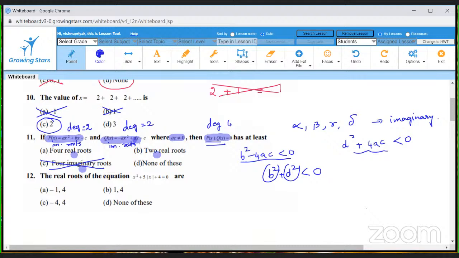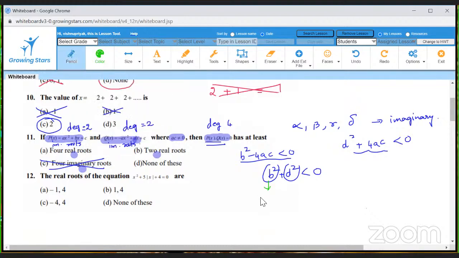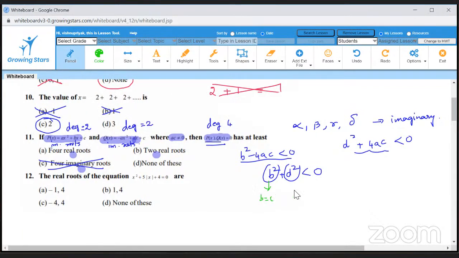I can cancel option C. Now I have to go for another one. What is the other one? 4 imaginary roots are possible under one situation: B should be 0, D should be 0.